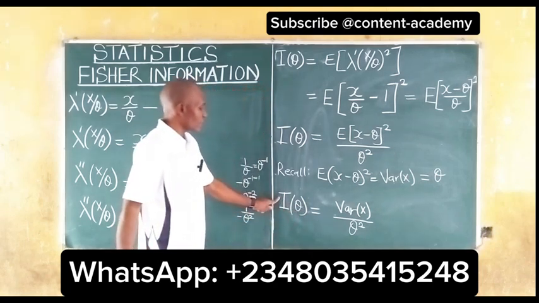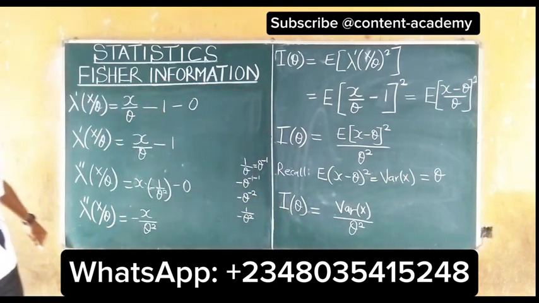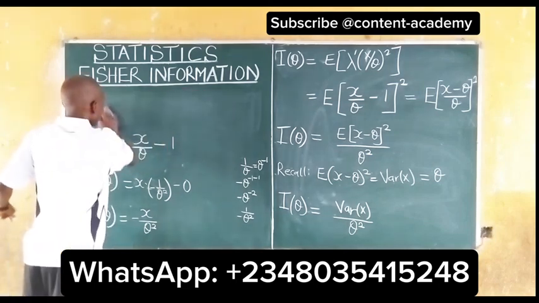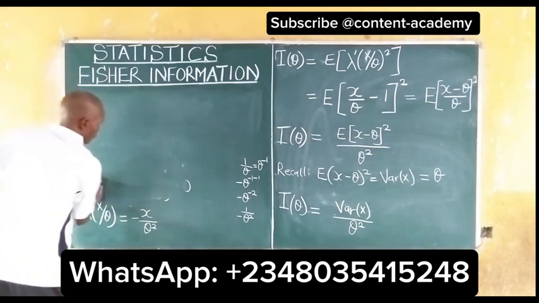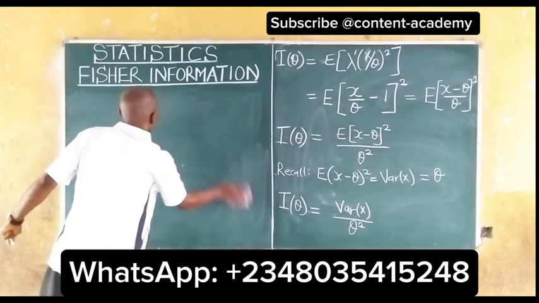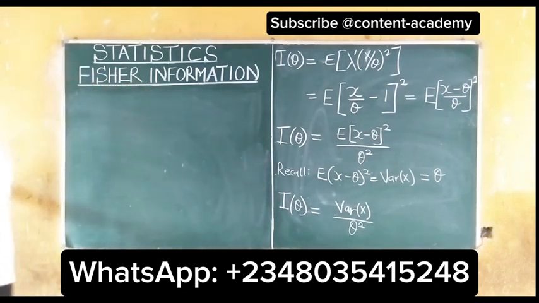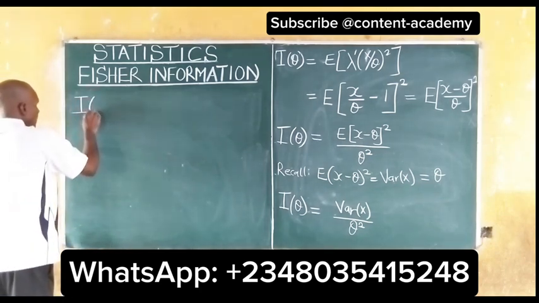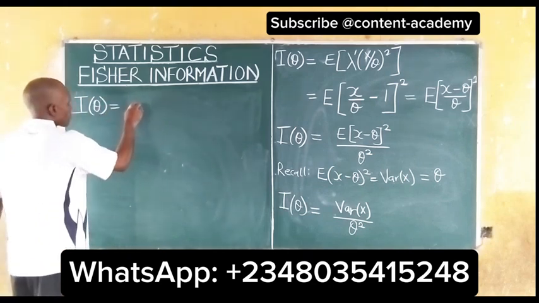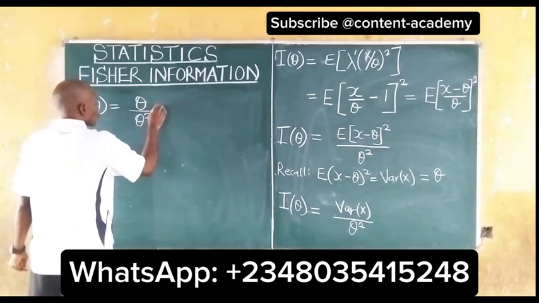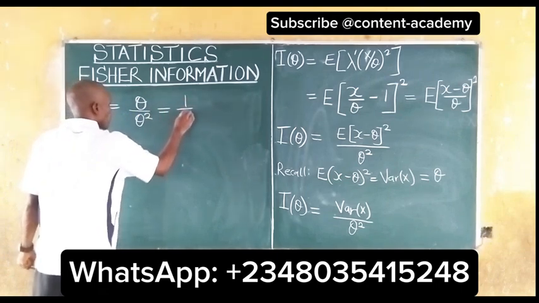It then means that we can write our Fisher information as theta all over theta squared, which is also equal to 1 all over theta.